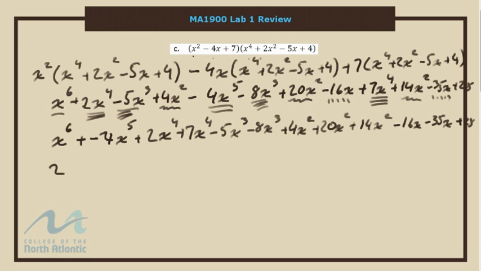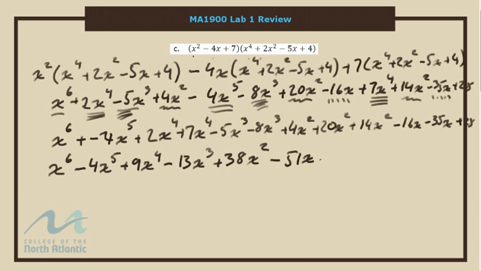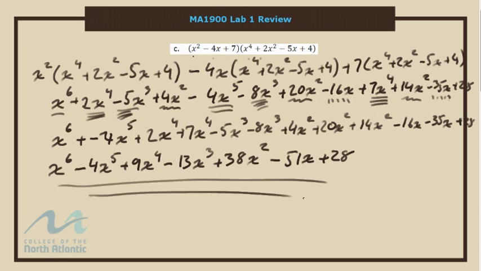So now I'm going to have x to the 6th minus 4x to the 5 plus 9x to the 4, so two of those, minus 13x to the 3 plus 38x squared minus 51x plus 28, and that is going to be our final answer for this particular question.